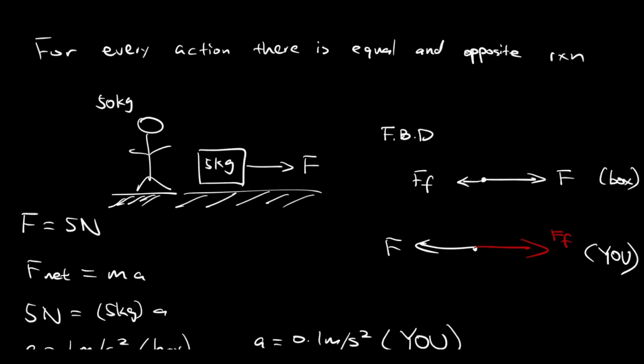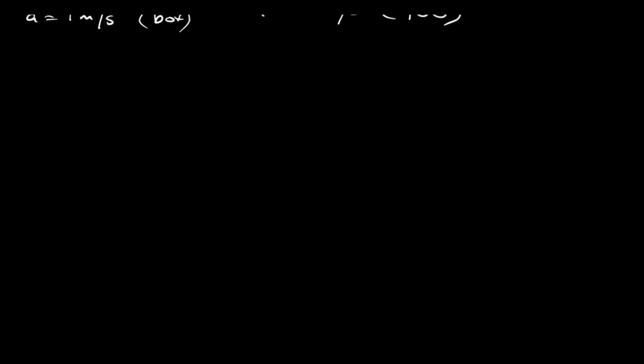Okay, so now that hopefully your confusion has been resolved, I'm going to move on to one last example, just to help you understand it further. Imagine here is space, and you're here in space at rest, okay? And you have a hammer in hand, and your goal is to move to the left, this way.